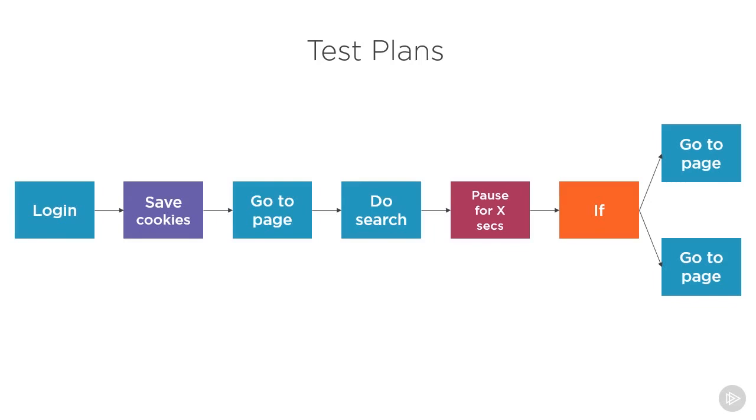A test plan describes a series of steps that JMeter should execute. JMeter gives you the flexibility to make a test plan as simple or as complex as you want. For example, you can have a test that logs into an application via the login page, saves the cookies, navigates to the search page, executes a search, has a delay, does some branching logic, and then navigates to another page based on the branching logic.